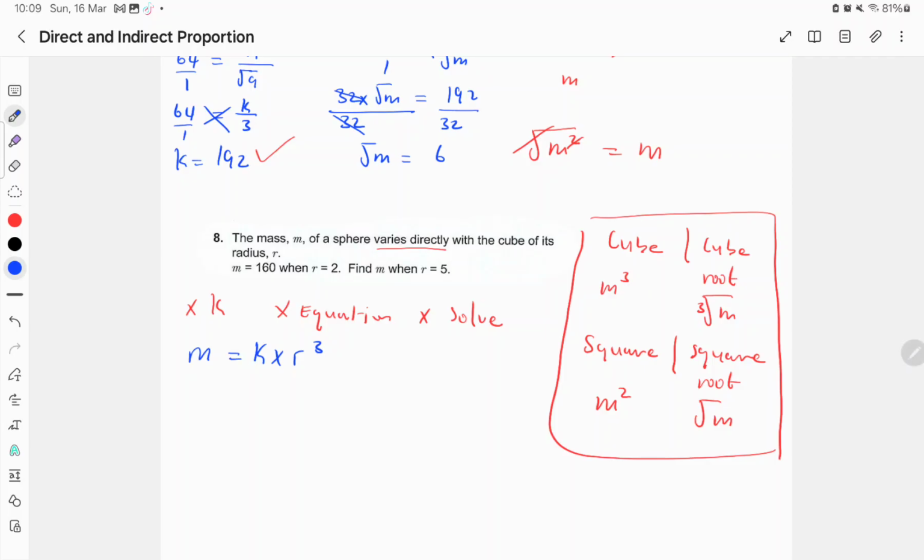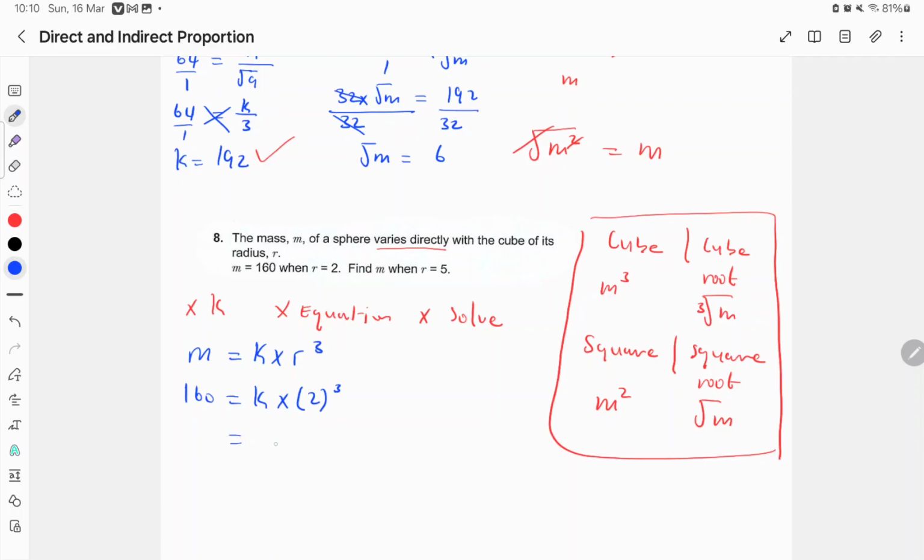Then you can simply say, okay, when m is 160, r is 2. So when m is 160, k times r, r is 2. What I want you to do is put that number inside the bracket. Don't put just a 2 there, put it inside the bracket and then work out.